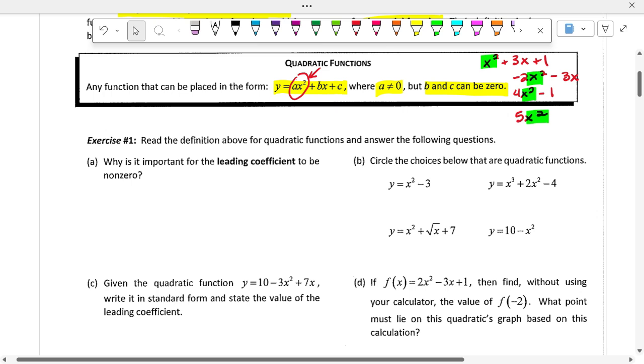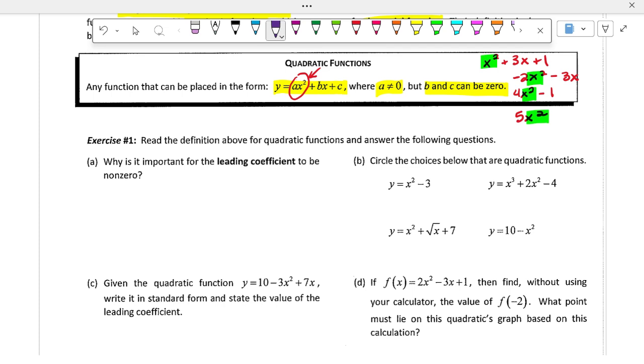And that's exactly what answers our first question: why is it important for the leading coefficient to be non-zero? Because for a function to be quadratic, it has to contain x squared.